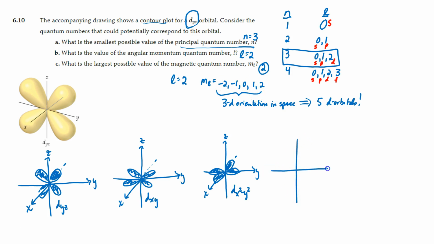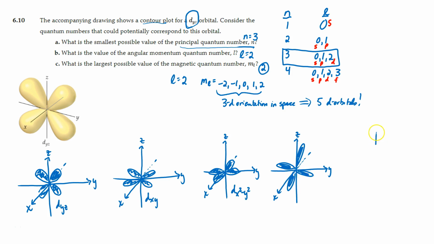Another one that we have here, well, if I have an orbital in the yz plane and the xy plane, I could also have an orbital in the xz plane. So this orbital is going to be parallel to your wall maybe and coming out towards you.